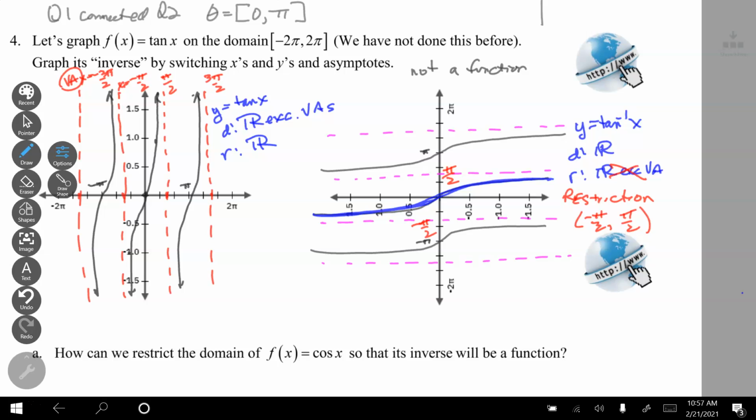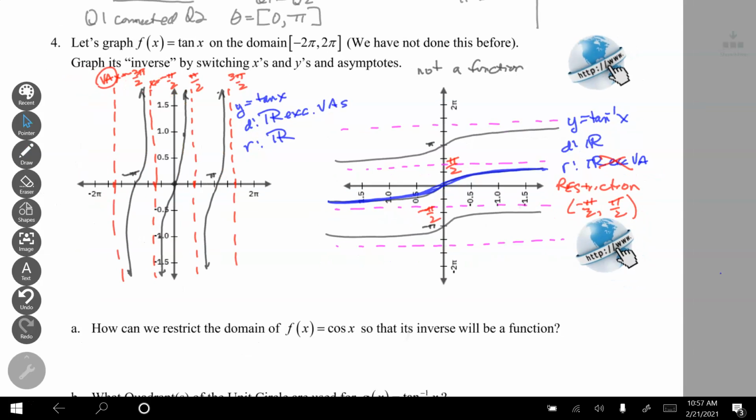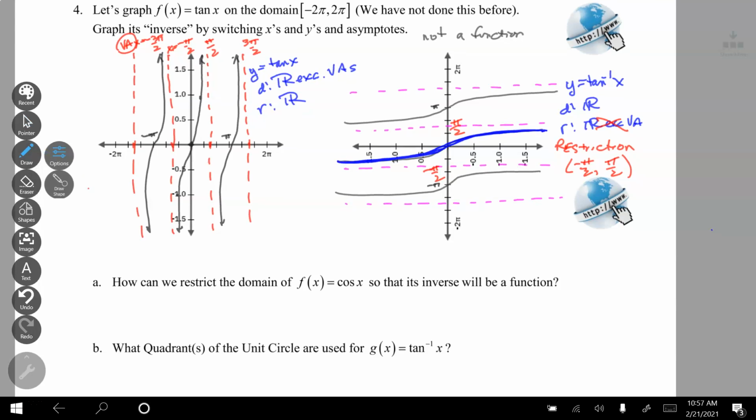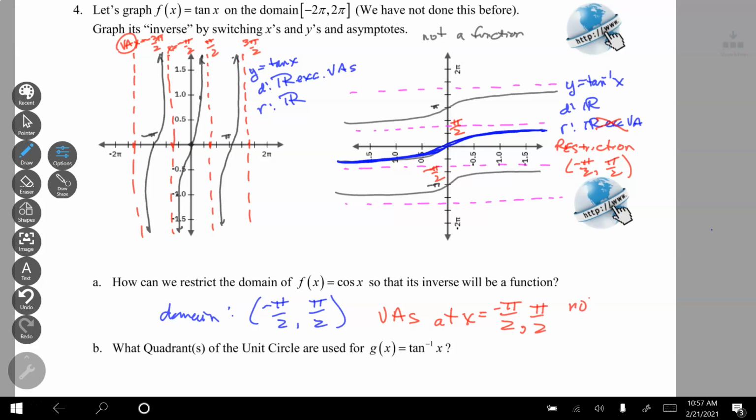Notice I'm going to use parentheses this time, because those values are asymptotes. So my domain will be negative pi over 2 to pi over 2 because I had VAs at x equals negative pi over 2 and pi over 2, and I cannot include those in what I do.